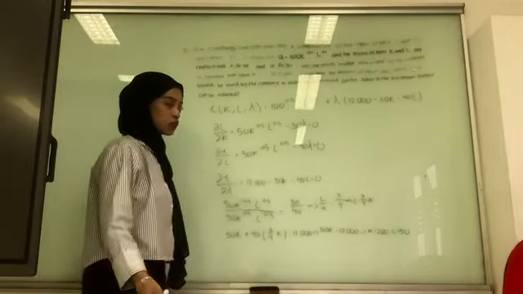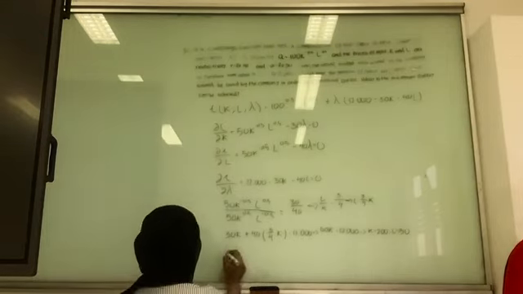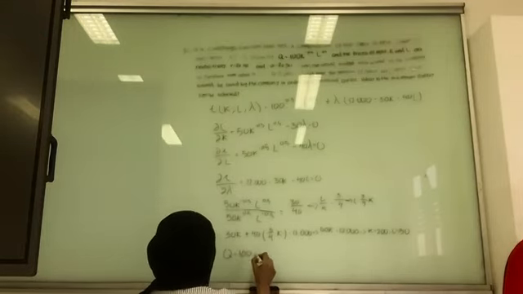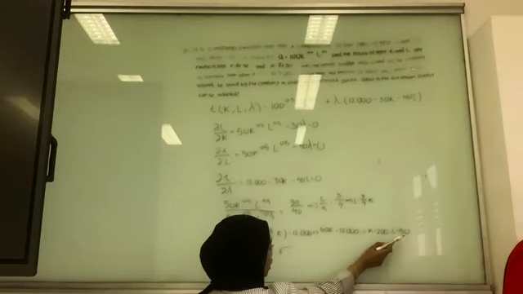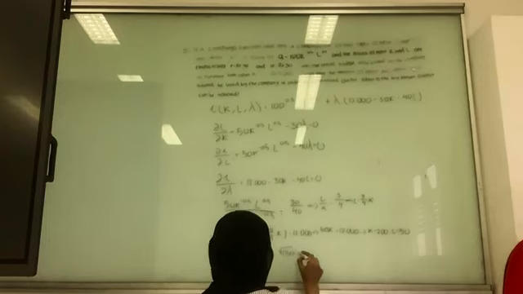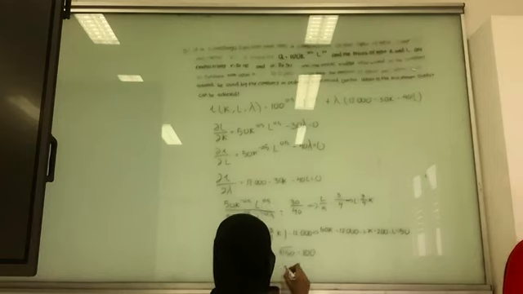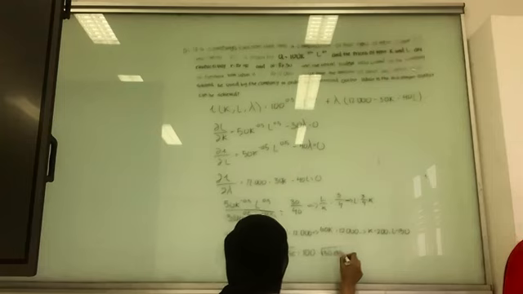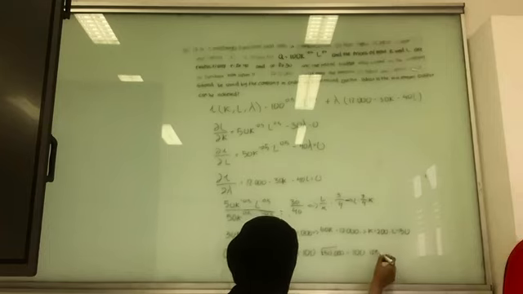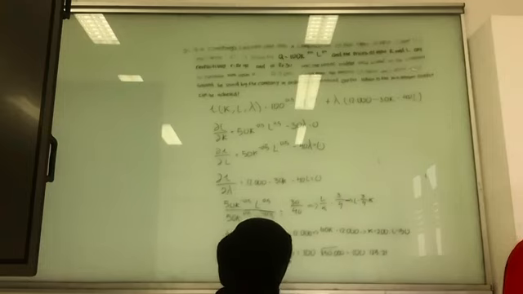Okay, now we substitute into the production function. Production function is 100 times square root of 200 times square root of 150, which is 100 times square root of 30,000, which is 100 times 173.21.